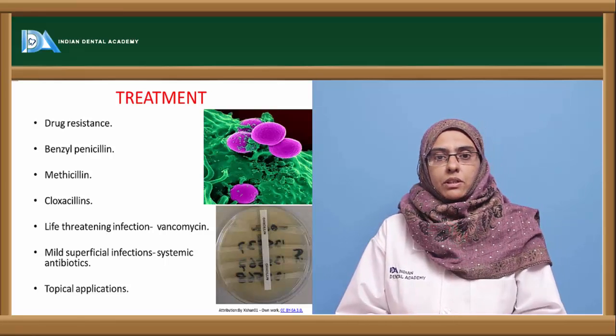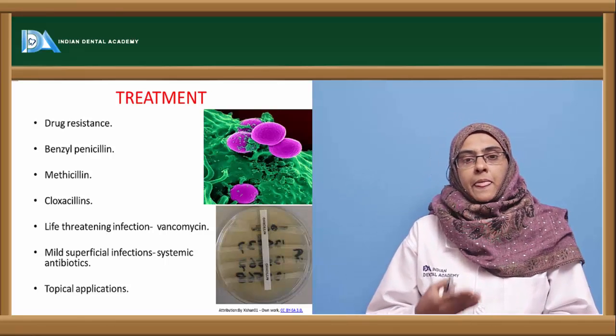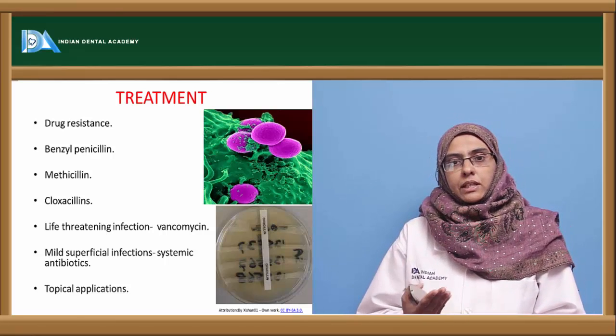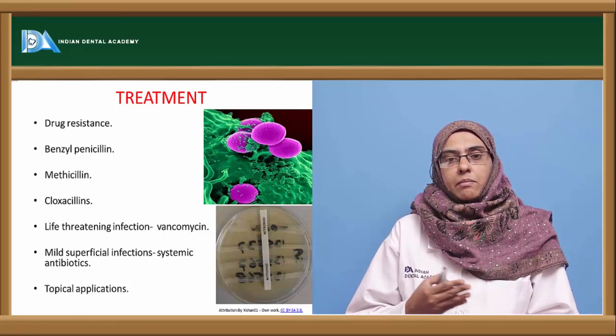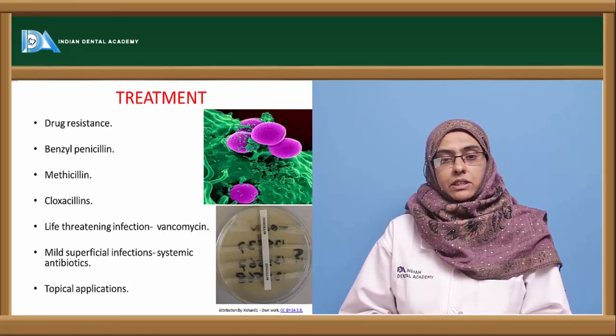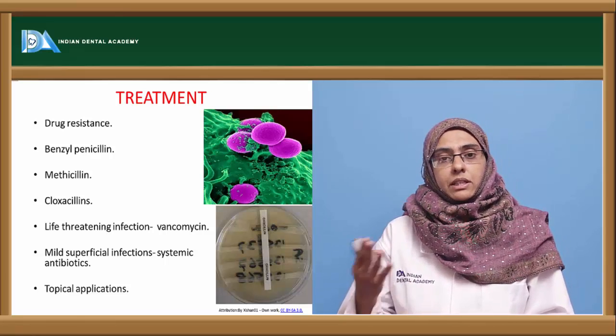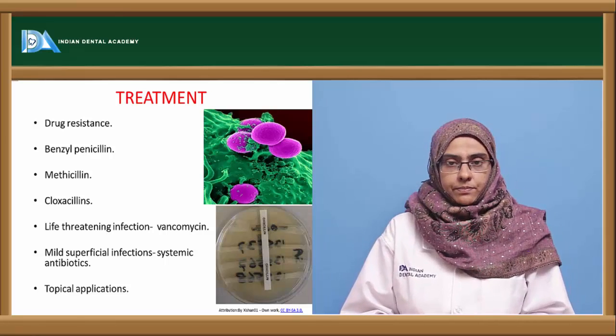And in order to limit the use of methicillin, you can also go with cloxacillin. Recently it was found that methicillin resistant Staphylococcus aureus, or MRSA, strains have also been identified, that have developed resistance not only towards methicillin but against different types of beta-lactam antibiotics.